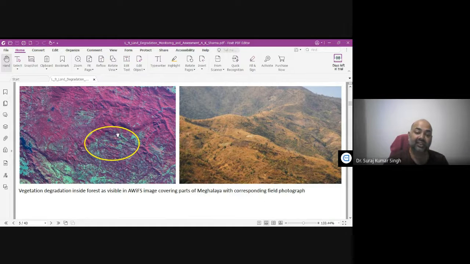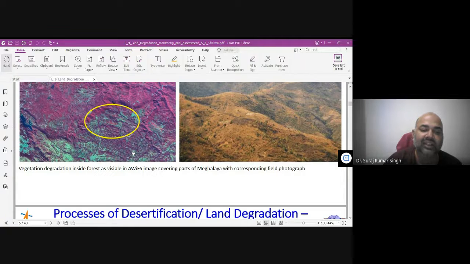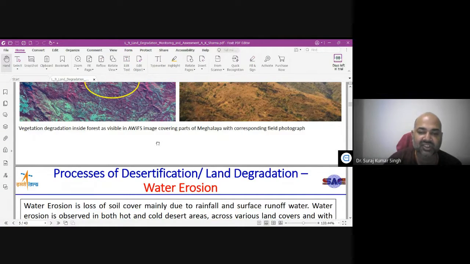So what we are saying is, if you see this kind of reflectance, it is not that you will always classify it as scrubland. But if agriculture is being done inside the notified forest area and you are degrading the quality of the forest in that area, then that parcel of land that you have digitized will be classified as vegetation degradation.